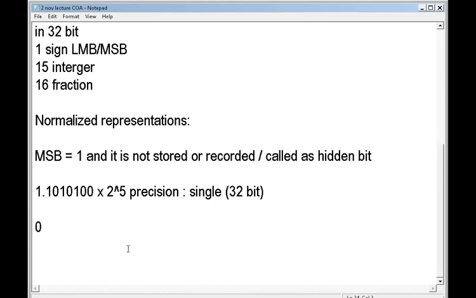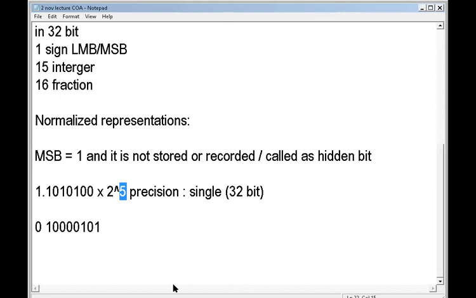So the representation would be 1, 0, 0, 0, 0, 1, 0, 1. So this representation is equivalent to excess 127 of the exponent 5. That means 127 plus 5, right?